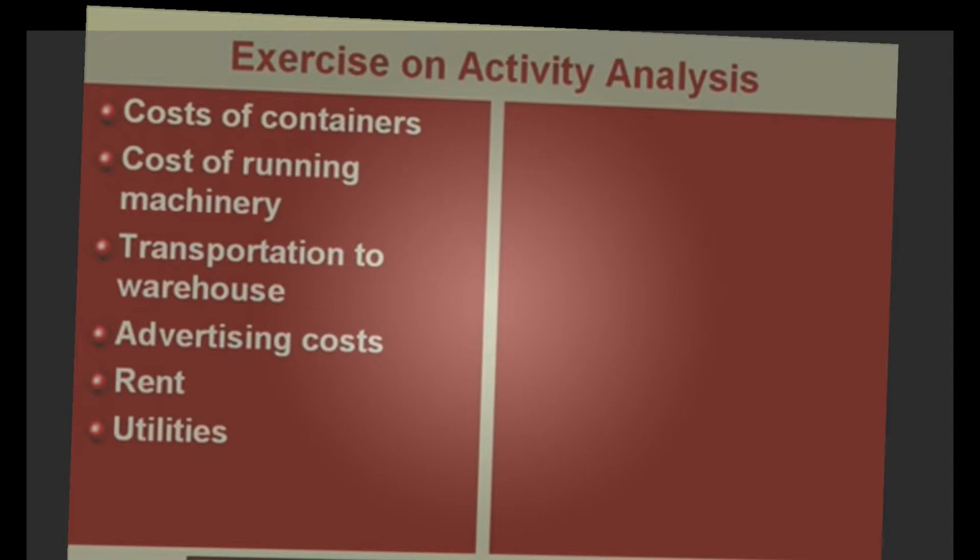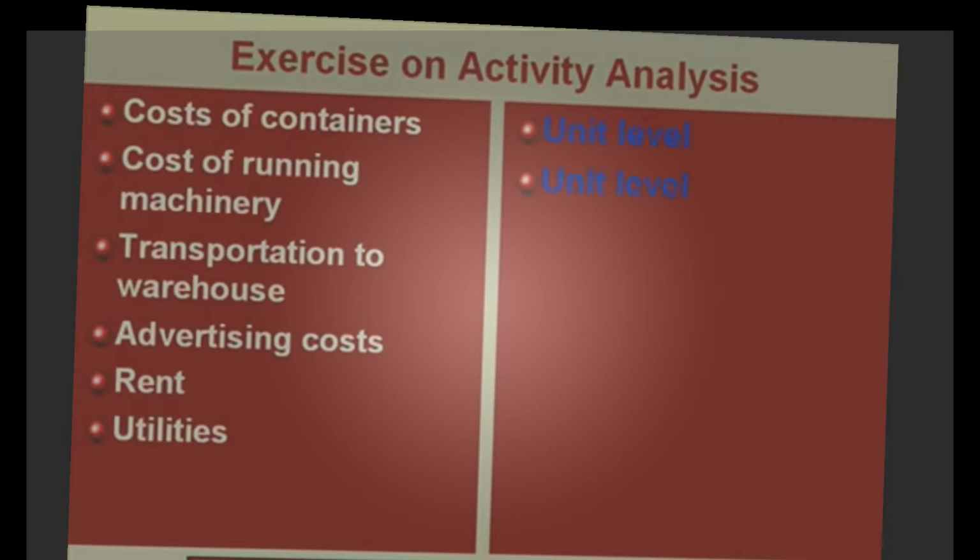Stop this, print this out, or try it, and start when you're done. Cost of containers for the dog food or cat food, if you said unit level, you got it right. This is because the cost of the containers go very directly with the units made. Cost of running machinery, if you said unit level, you got it right, because the machinery running cost increases with the number of units made.